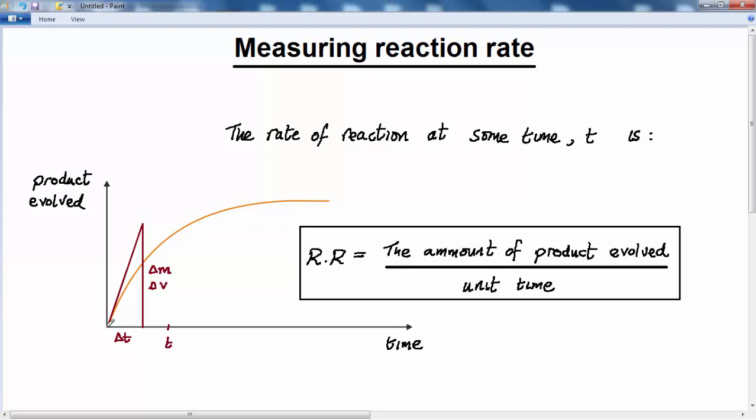So I'd need to measure from my graph this value, and I'd need to measure this change here, and then I just slot those into this equation. So the reaction rate would be delta m or delta v, depending on what you're measuring, divided by delta t. Okay, so you might be asked to measure the initial reaction rate of a chemical reaction, but really it's all about qualitatively understanding the results that you've obtained.